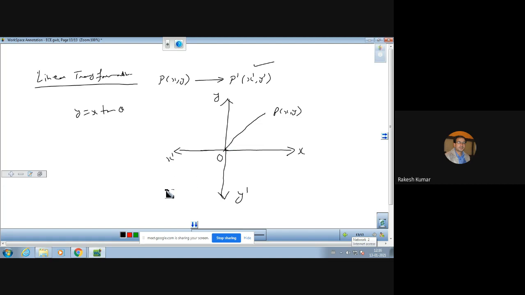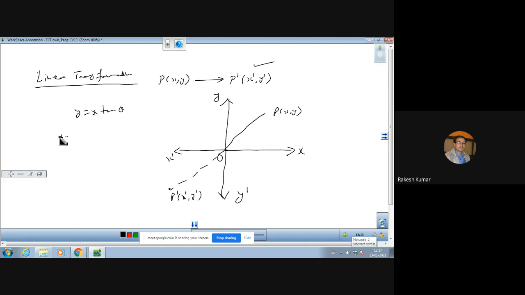Suppose this is the point P dash with the coordinates x dash, y dash. So OP is the line and OP dash is the reflection of OP through origin O.